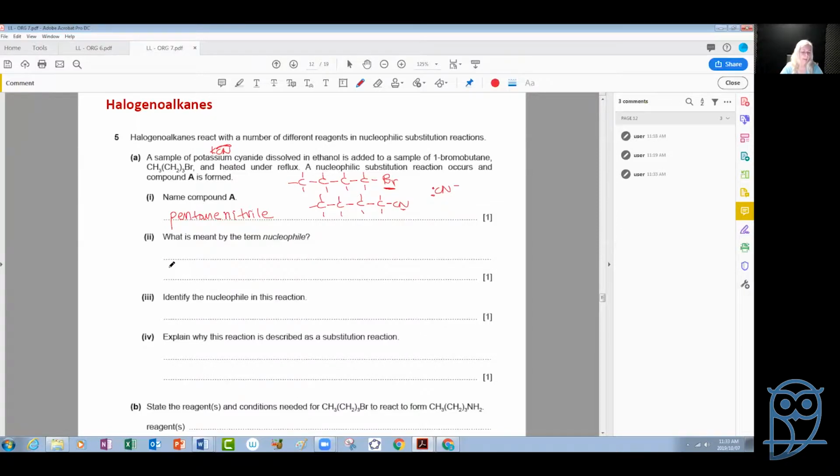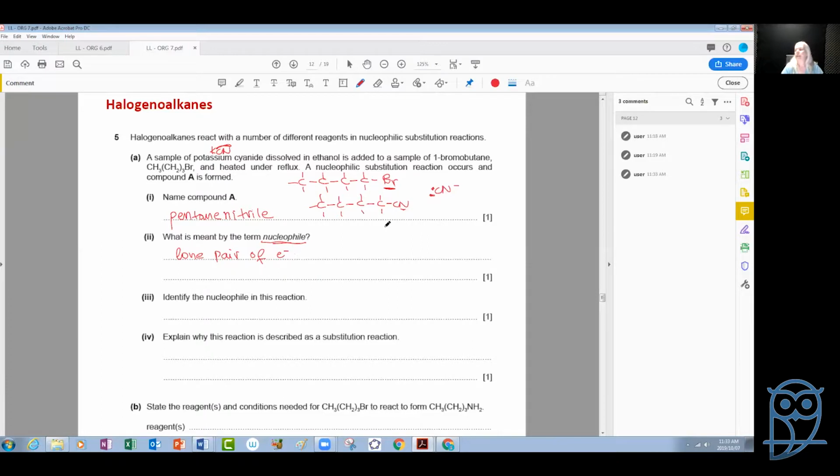All right. Now, the next question says, what is meant by the term nucleophile? Well, here is an example. What determines a nucleophile is it has a lone pair of electrons. So one acceptable answer would be that it has a lone pair of electrons.